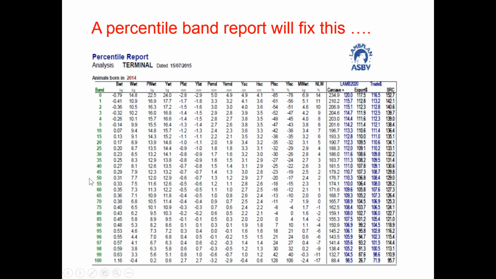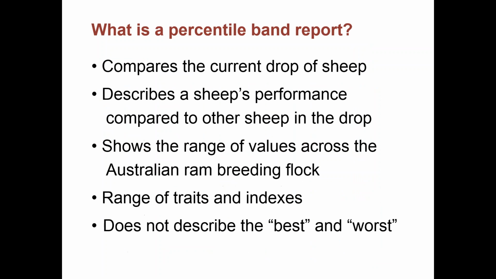Across the top of that table, the third trait across is post-weaning weight. The percentile band table compares all the rams in the current drop, and that's what we're interested in: how does it line up with others that might be available for sale?